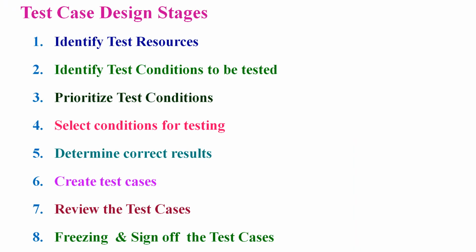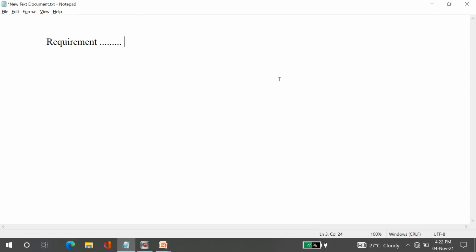But see here, what is the second stage? Identify the test conditions to be tested. What it means? For each and every requirement, the software test engineer first has to design the test condition. What do you mean by the test condition, we have discussed in the previous session, right?